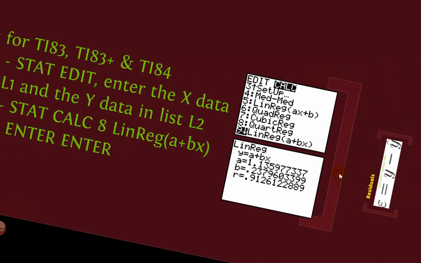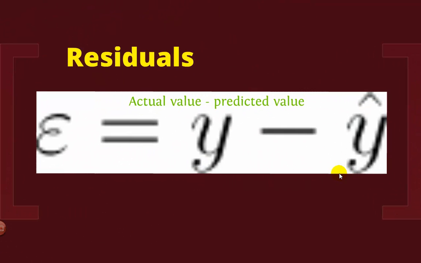Our residuals are just the error. We have epsilon here. Error is equal to the actual value minus our predicted value, our y hat. So we can calculate our residuals in L3 by telling it to subtract the predicted values from the y values.